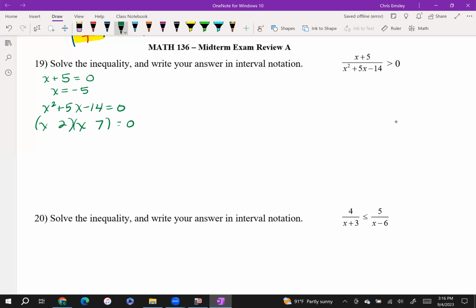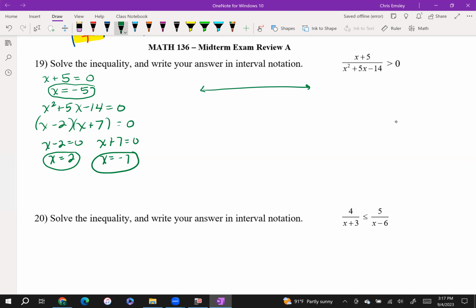So to get a positive 5, we would need a +7 and a -2. So we end up with key points, the -5 from the numerator, a 2 from the denominator, and a -7 from our denominator. So we take those key points and we put them on our number line, smallest to largest.